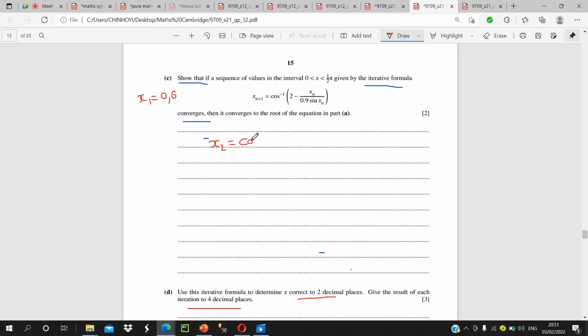Make sure your calculator is in radians. It's arccos of 2 minus, where there is xn, you are now substituting this value, 0.6 over 0.9 sine 0.6.